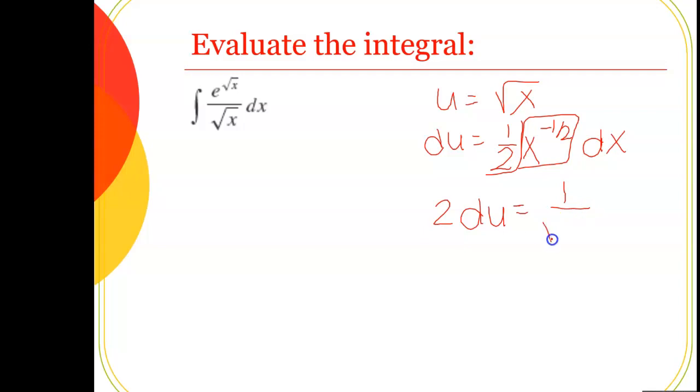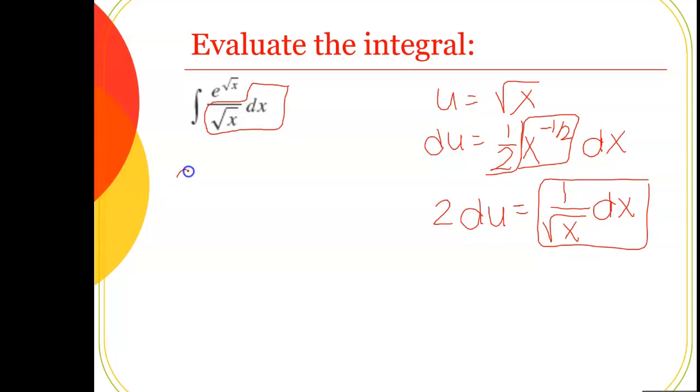This becomes 1 over square root of x dx, and I see that right here in my problem, because technically there's always that 1 in the numerator. So we're going to end up integrating e to the u du.